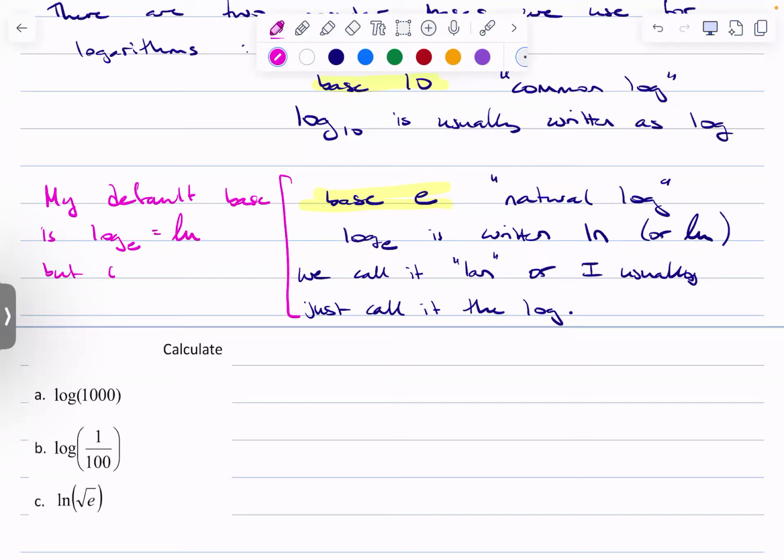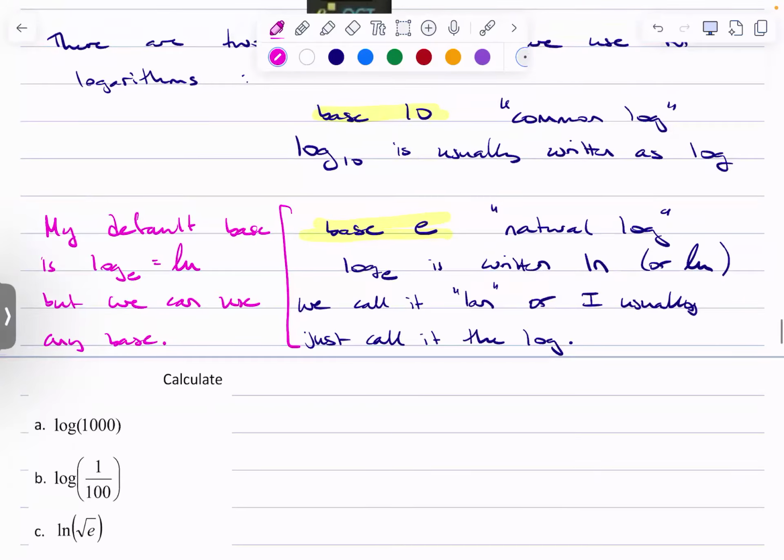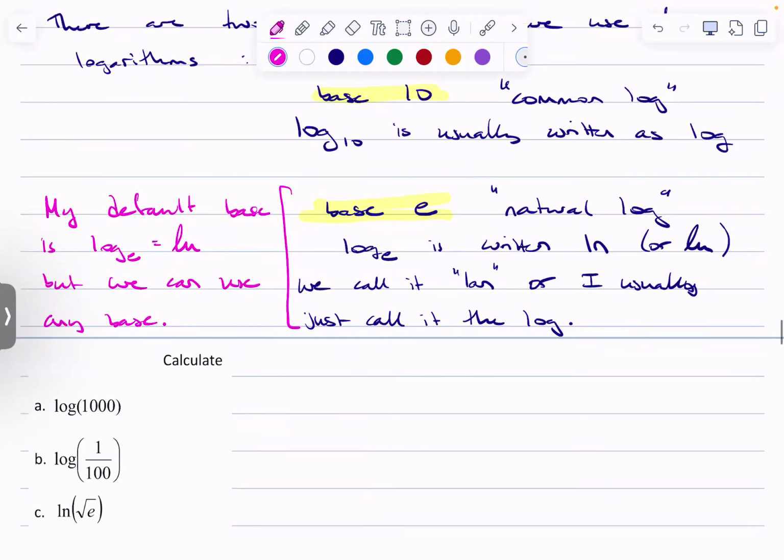But we can use any base. Sometimes we pick convenient bases, as we'll see. But my default is log base e. Is there anything else I wanted to say here?